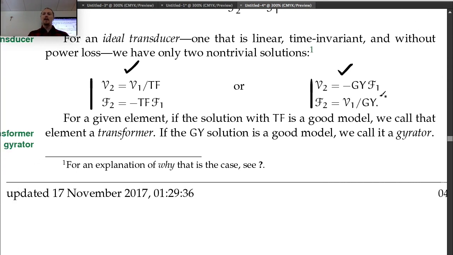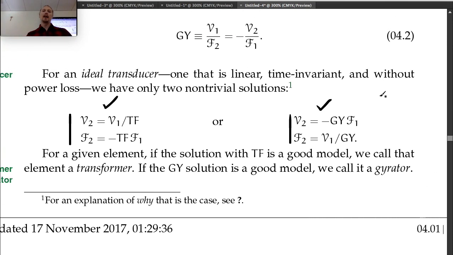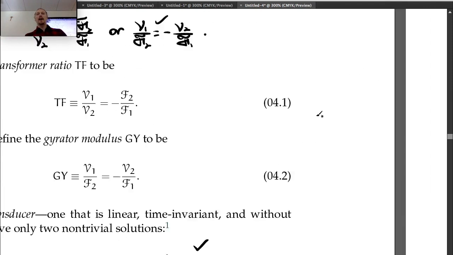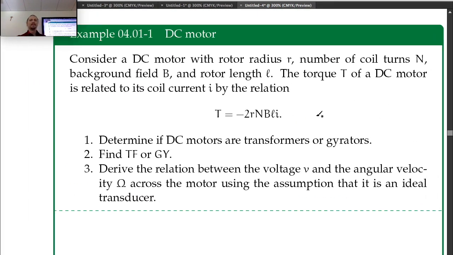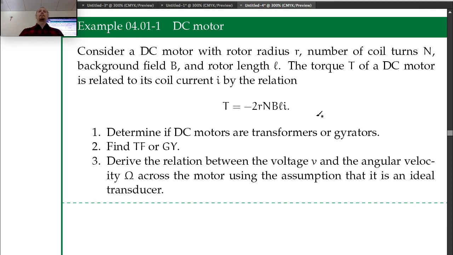Okay. Good. So that's what we mean by a transformer or a gyrator. So let's do a couple examples. These examples should give us a grasp on how we would come up with a model for these systems.